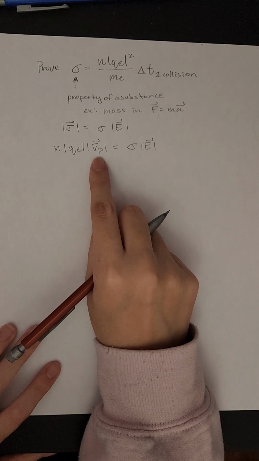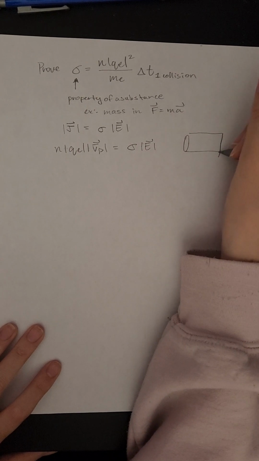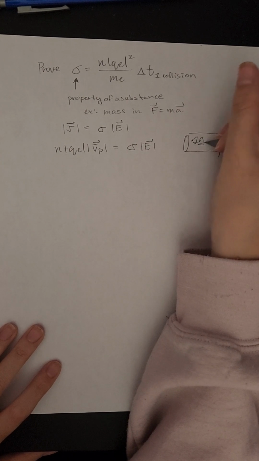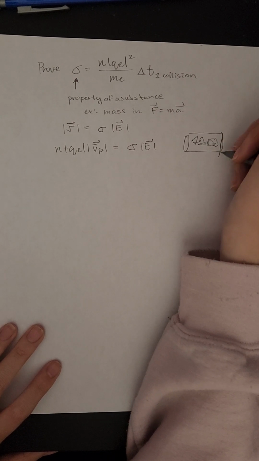And remember that drift velocity, we're referring to the wire and an electron bouncing about among a bunch of atoms.